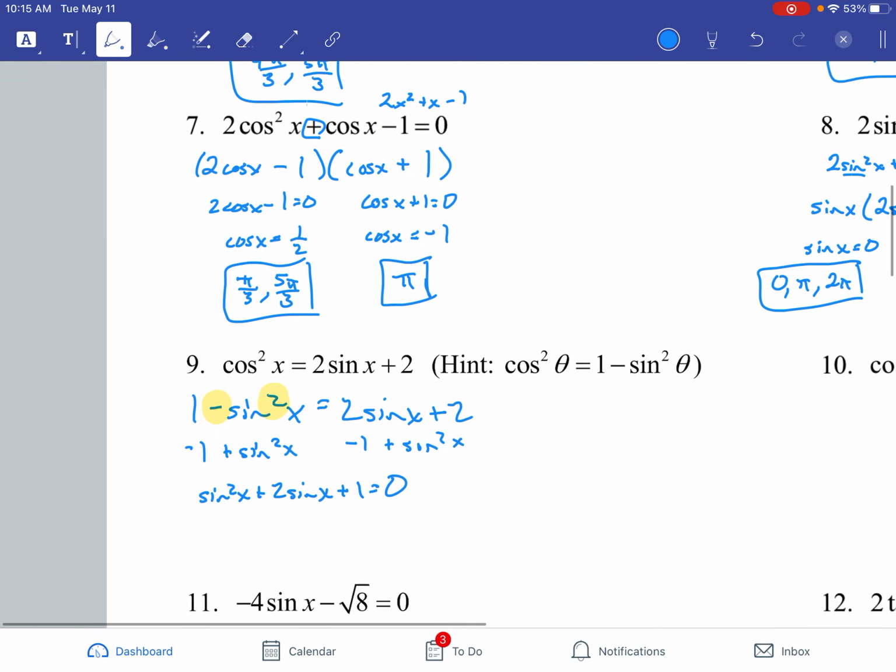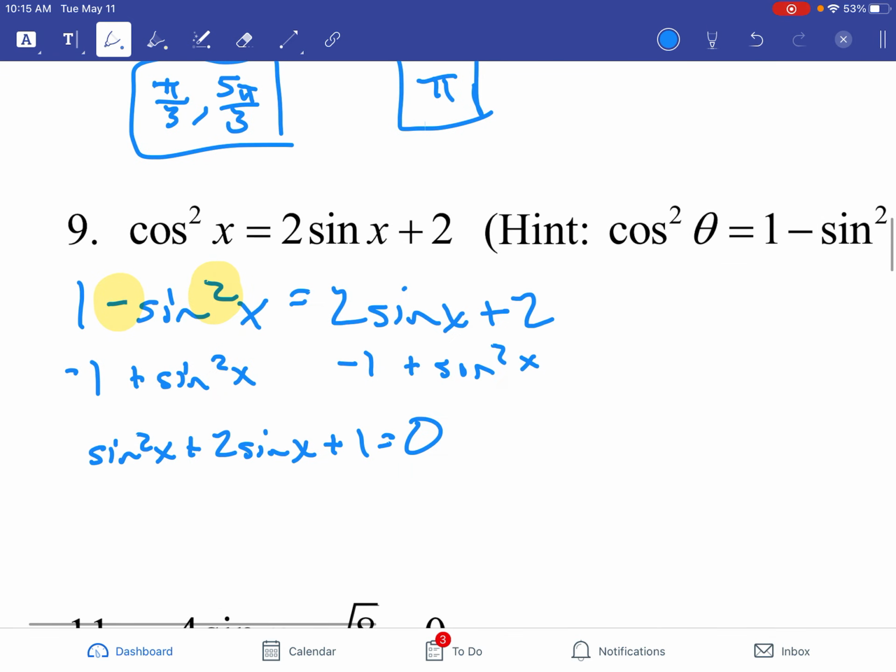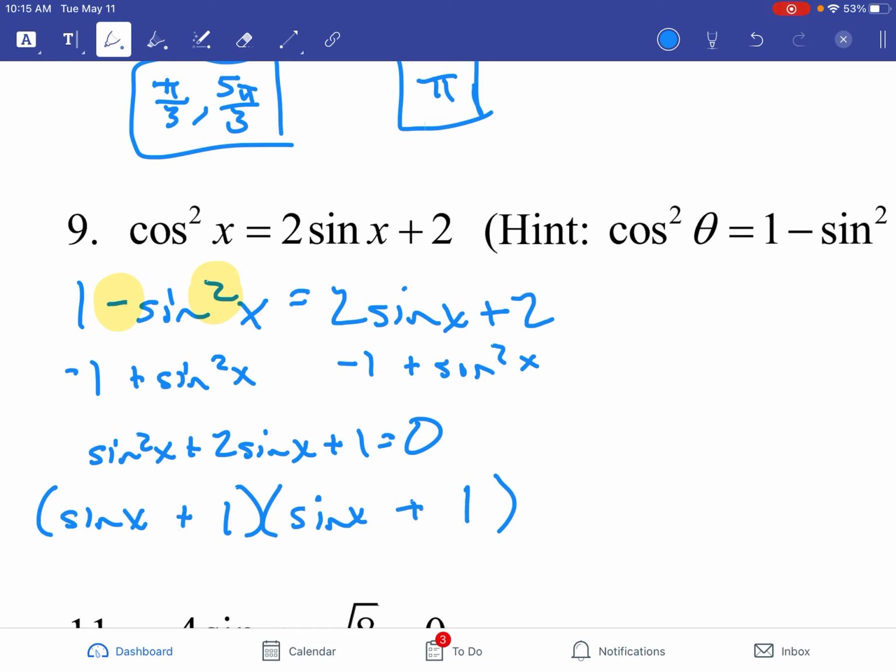Okay, much like the problem above it where I could factor it, the same thing applies to this. I could make it x squared plus 2x plus 1, factor it, and then replace the x's with the sines. I don't need to do that, but I could. So sine squared x is sine x times sine x. The factors of 1 are 1 and 1. And to get a 2, I just make both of them pluses.